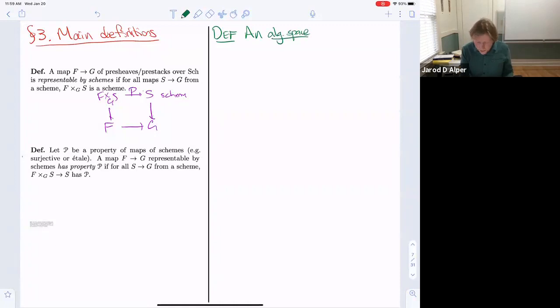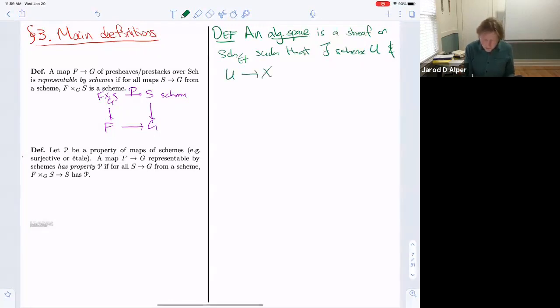An algebraic space, by definition, is a sheaf on the big étale topology such that there exists a scheme U and a morphism U to X, which is representable by schemes, étale and surjective.